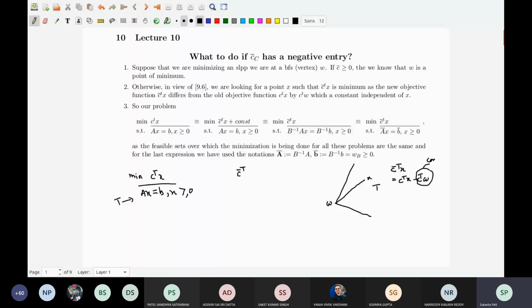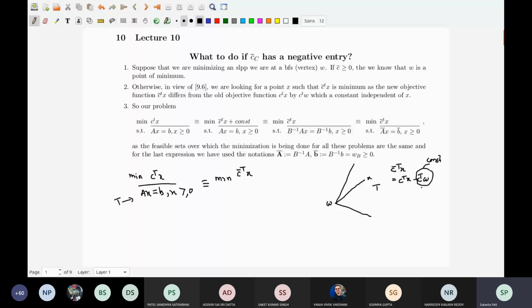So if I am minimizing C transpose X, that will be as good as minimizing C bar transpose X, because for each X, C transpose X and C bar transpose X only differ by this constant. So if you minimize this one, that is also good.